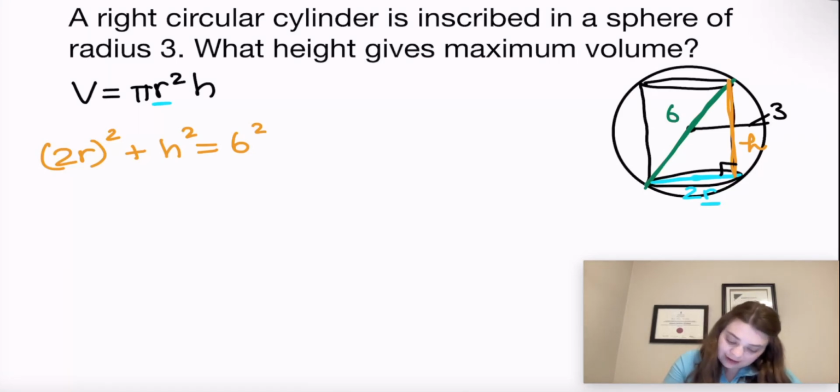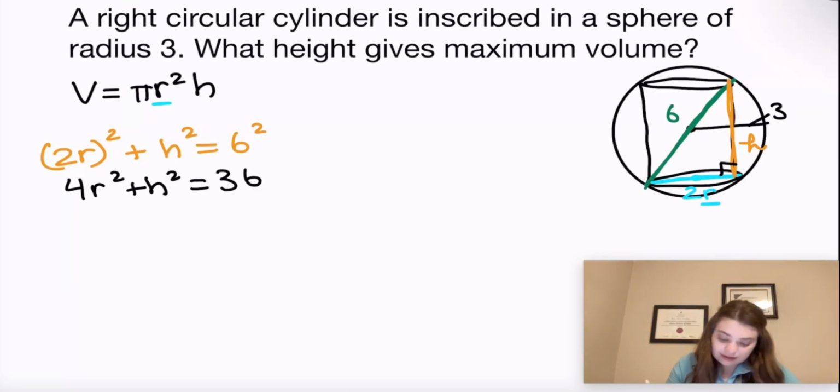So then I'm going to simplify this, and we're going to get 4r squared plus h squared is equal to 36. And then I'm going to solve this in terms of h, just because I think that might be a little simpler. Or actually, no, maybe I won't. Maybe I'll do it in terms of r squared, because we do want the height that gives the maximum volume.